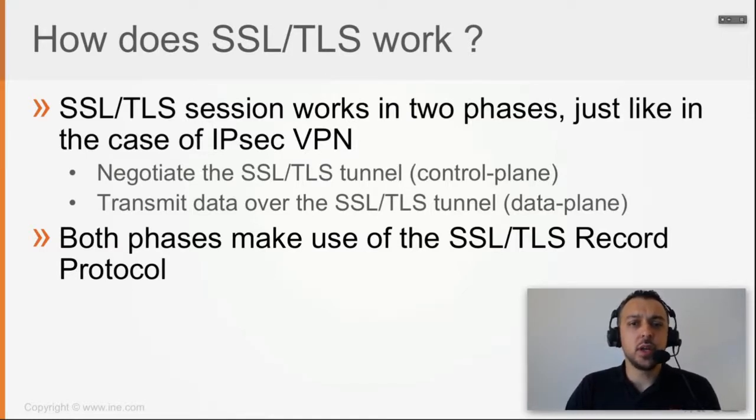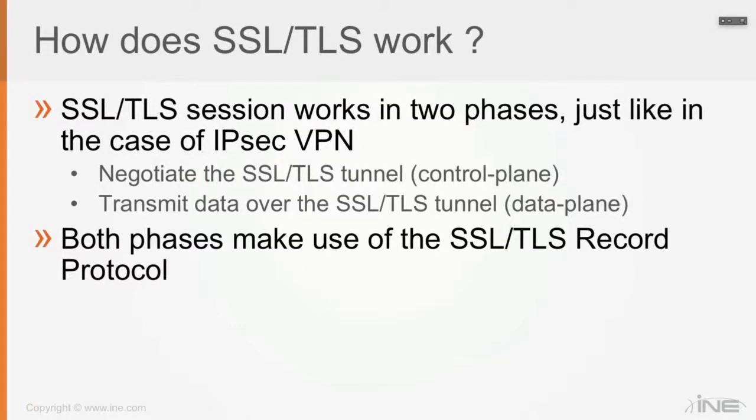So between layer 3, layer 4 and the application layer, if you want to secure a TCP session of type FTP, LDAP or SMTP, then we had to come up with something in between those layers to bring in security. That's being done through the record protocol, and both SSL and TLS make use of that protocol.